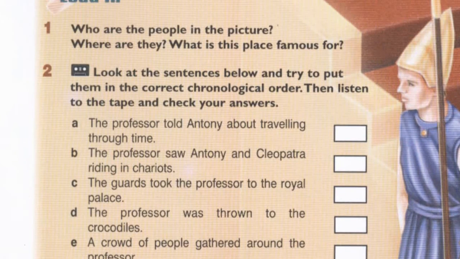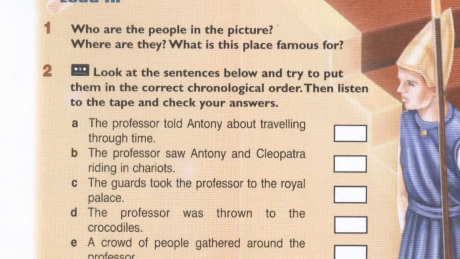Look at the sentences below and try to put them in the correct chronological order. Chronological order or chronology means the order in time that things happen.